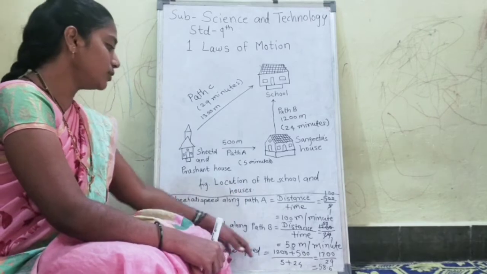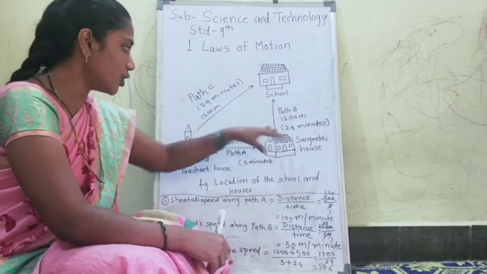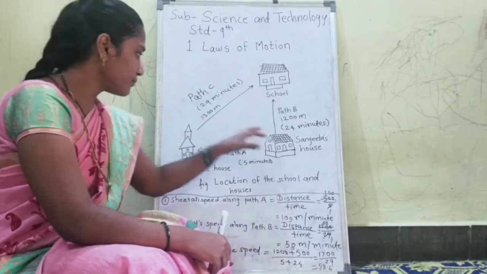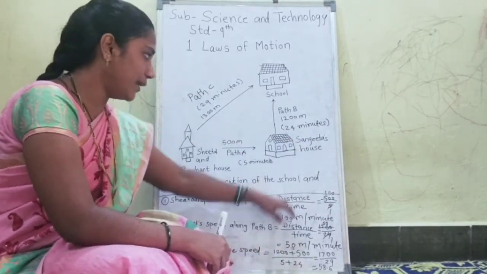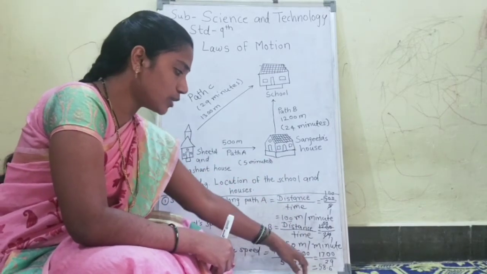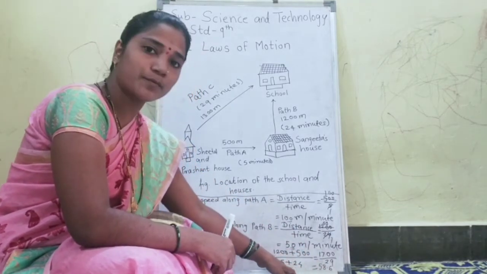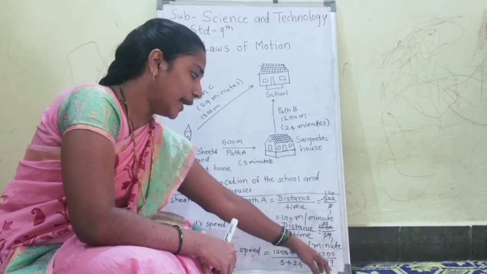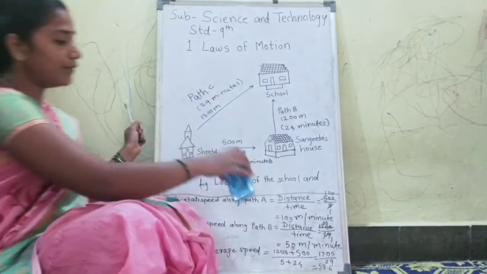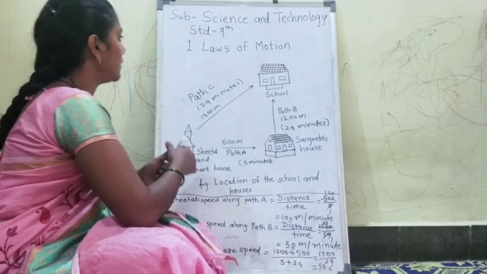Here I take the total distance and the total time taken to cover this distance. Here 500 plus 1200, then 5 plus 24. Total is 1700 upon 29. 24 plus 5 is 29. I divide 1700 by 29. Here I show it.